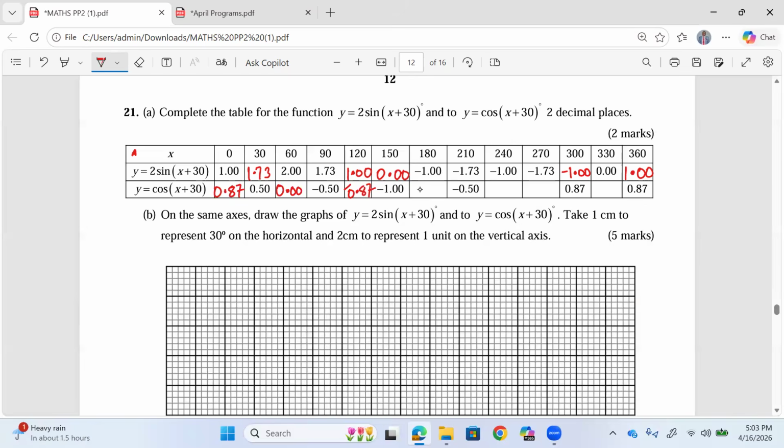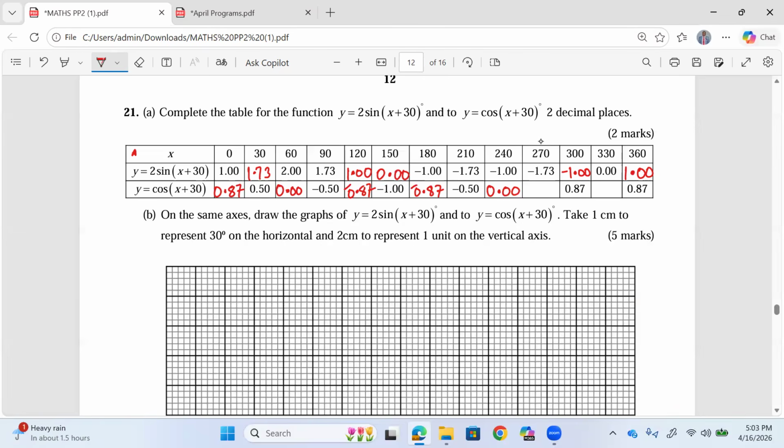Negative 0.87. Then at 180, we add 30, that is 210. Cosine of 210, we get exactly negative 0.87 again. At 240, we find the cosine of 270. Cosine of 270 is exactly 0, so 0.00. At 270, it becomes 300.